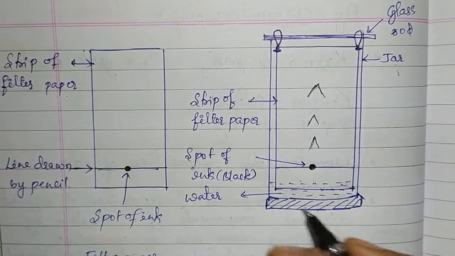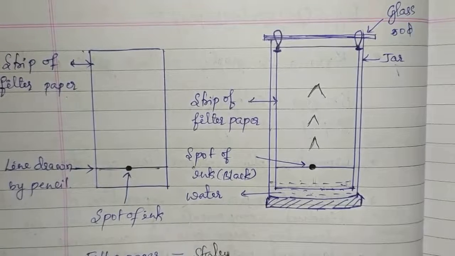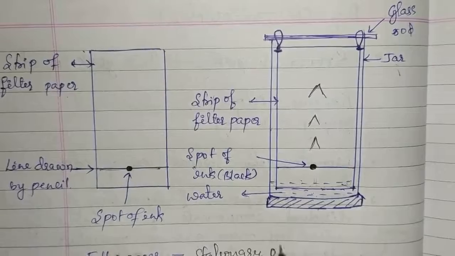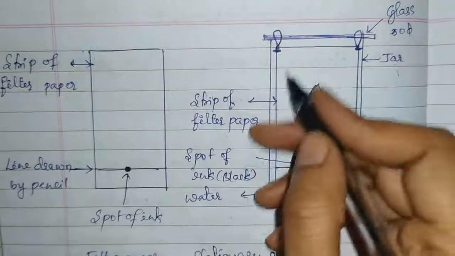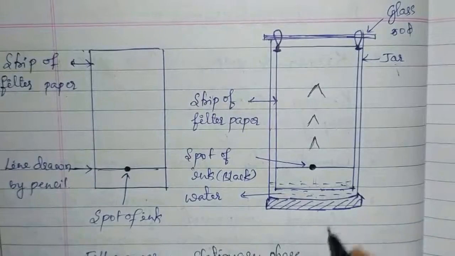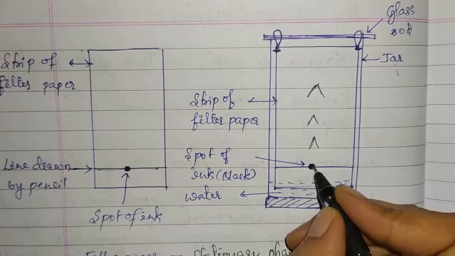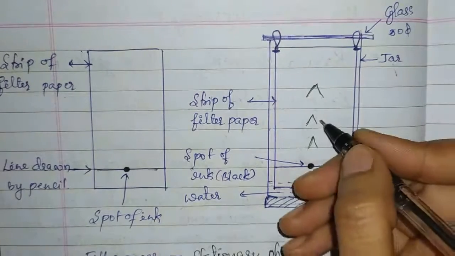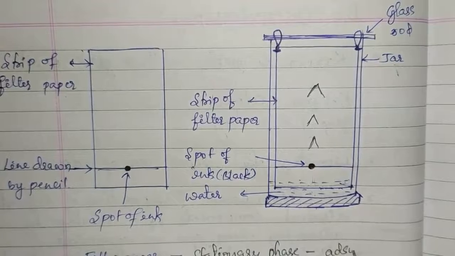Like this we can separate the different colors of the dye of an ink by using chromatography. Here the filter paper is the stationary phase, and it is fixed. It is not moving, and it provides its surface for the ink particles to adsorb. Therefore this filter paper is taken as the adsorbent.